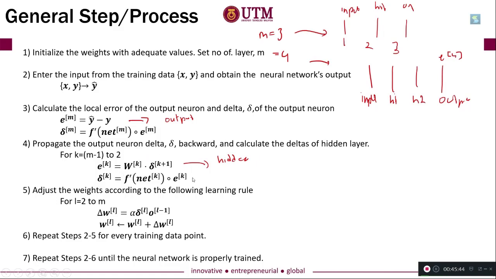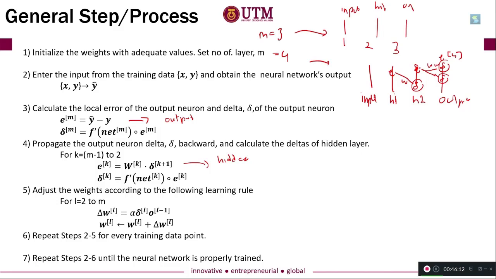If you want to find E at this layer, then it depends on your W, the W that goes into this delta and another W going to that delta. Let's say this is one neuron, this is one neuron. To find E over here, again this E is also the multiplication of your W and the delta of your second hidden layer.